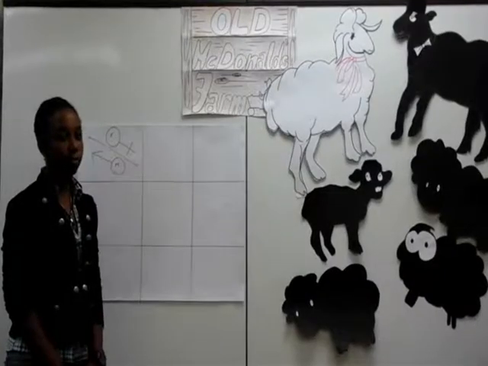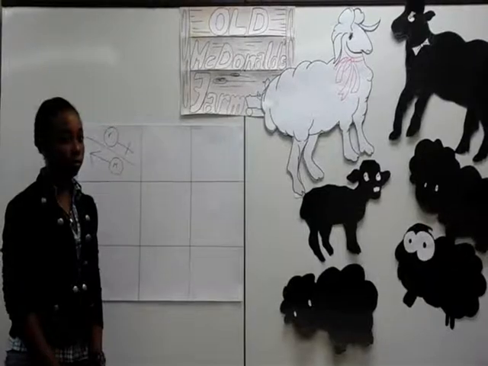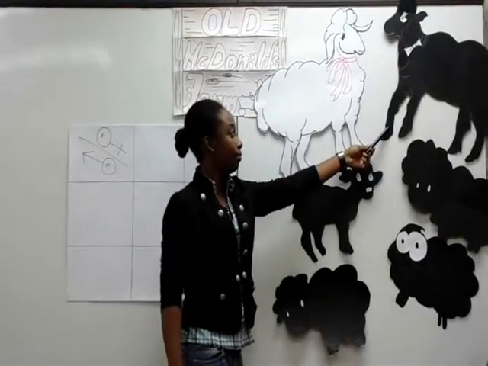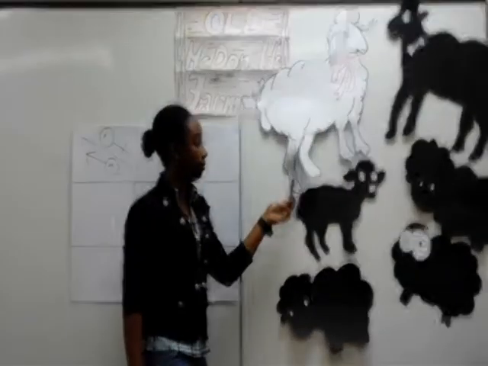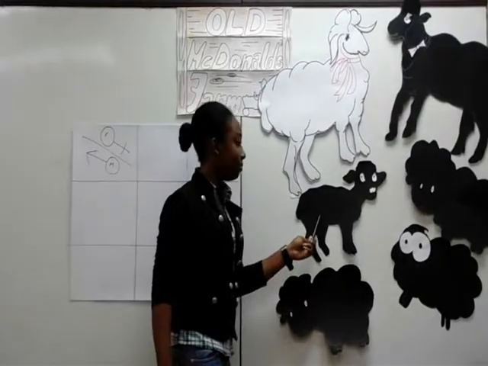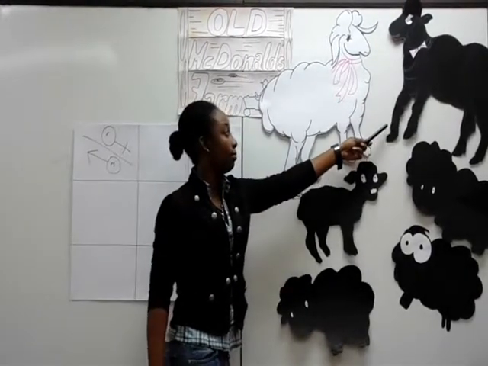Let us now use test crosses to demonstrate Old MacDonald's results. His first experiment involved one purebred black sheep and one purebred white sheep, which resulted in all black lambs. For this experiment, he determined that the black color trait was dominant.